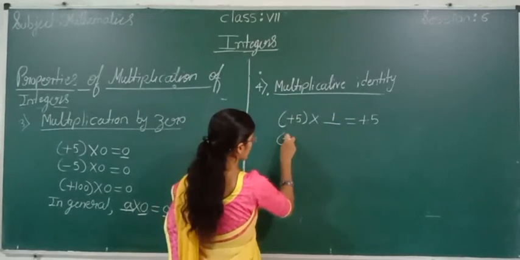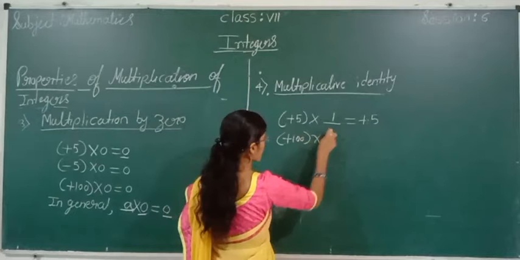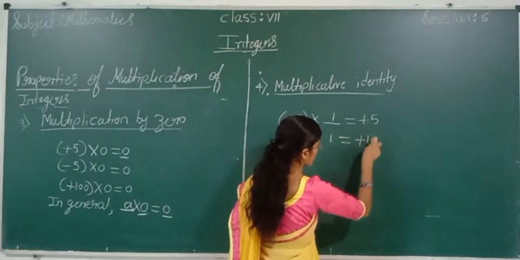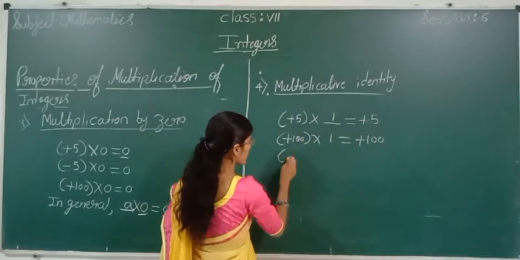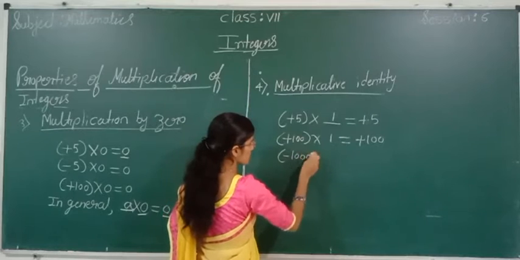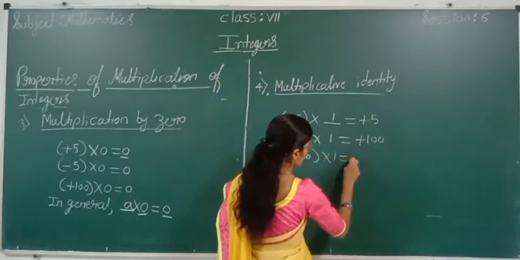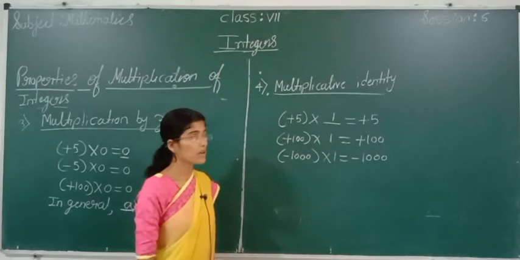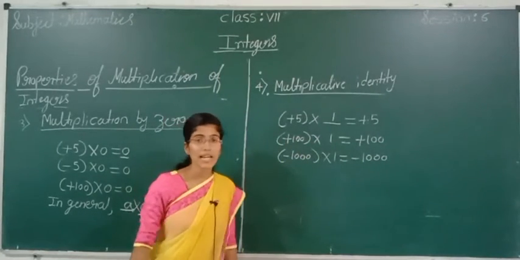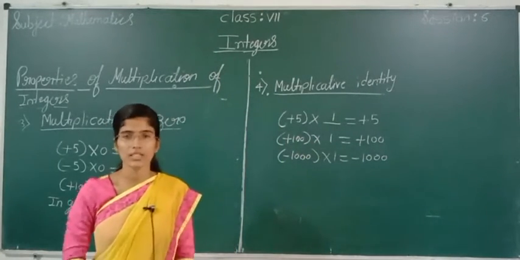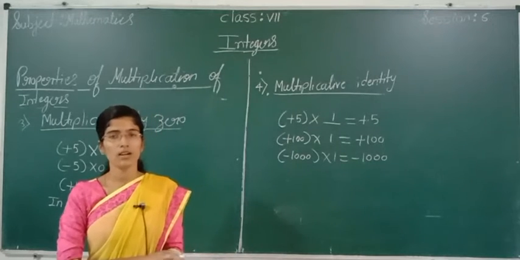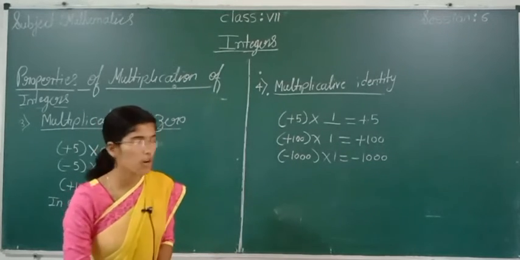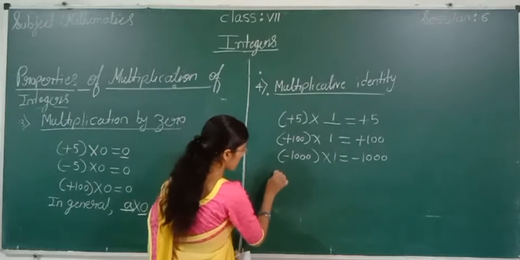Take any integer, if you multiply by 1, the same integer will come. If you take minus 1000 into 1, it is minus 1000 only. What we can tell is, 1 is the multiplicative identity for integers.